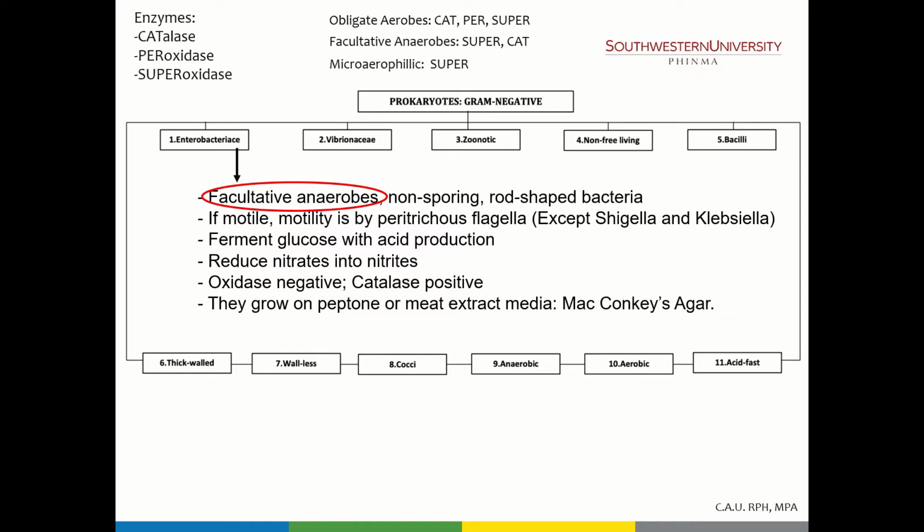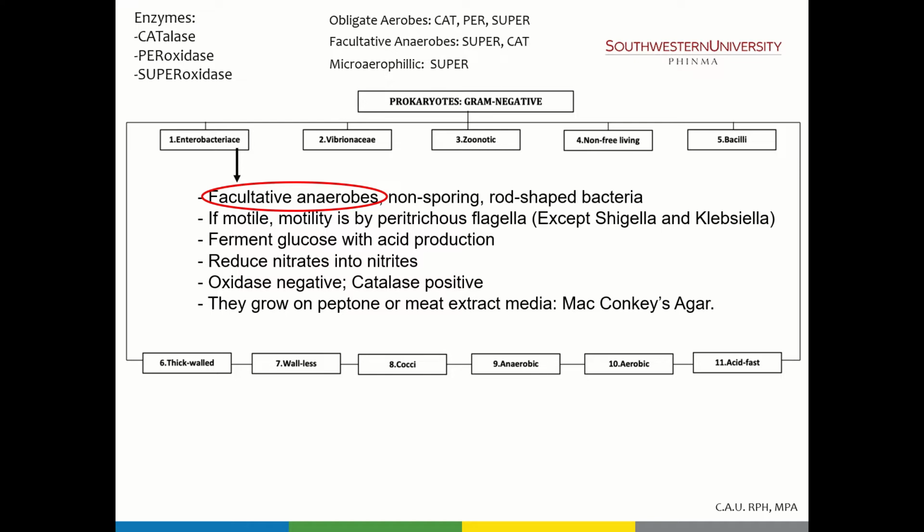Another example is bacteria considered as microaerophilic. Microaerophilic bacteria have the superoxidase enzyme only. Because they only have one enzyme, they can only tolerate a small amount of oxygen. That's why it's called micro, meaning small or little, aero meaning oxygen, and philic, which is loving. So they are loving of only a small amount of oxygen.